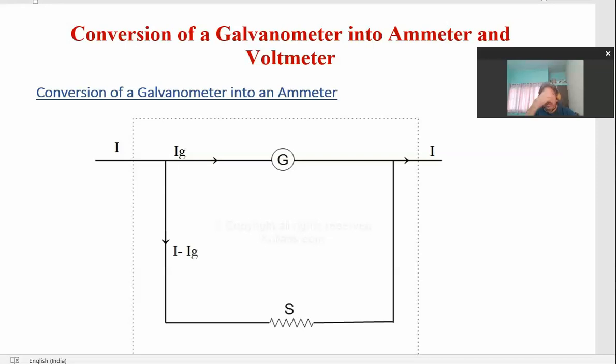So the resistance of ammeter is quite low, and for an ideal ammeter its resistance is 0, whereas in case of voltmeter the resistance is quite high, and for an ideal voltmeter the resistance is infinite.